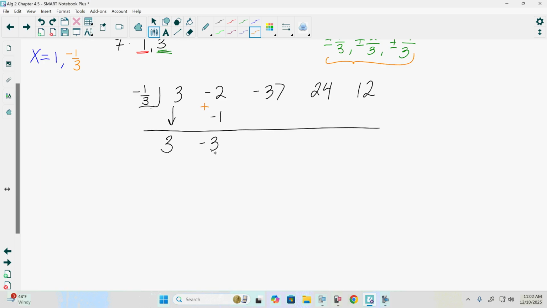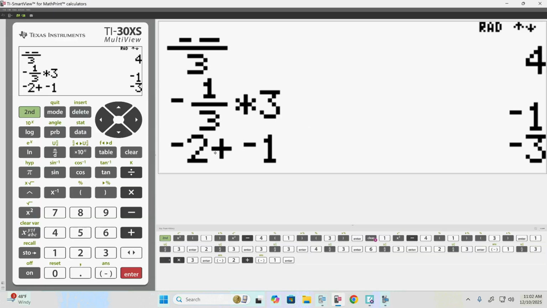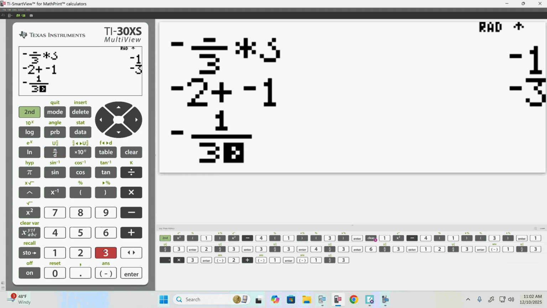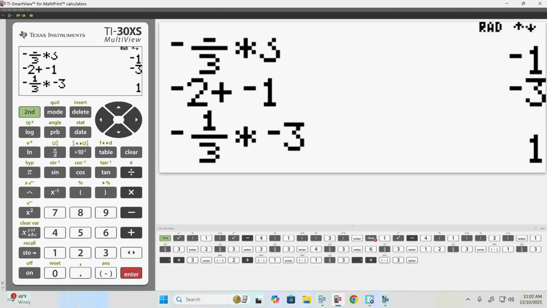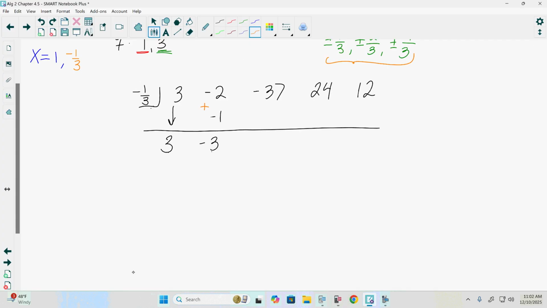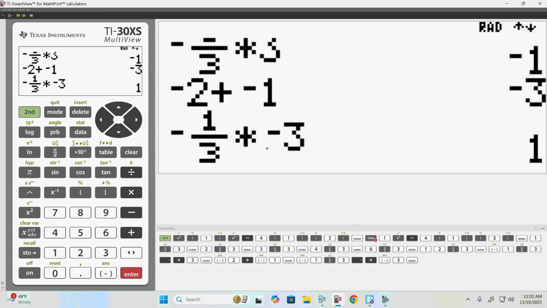Then we're going to multiply again. Negative 1/3 times negative 3 is 1. Negative 37 plus 1 is going to be negative 36.